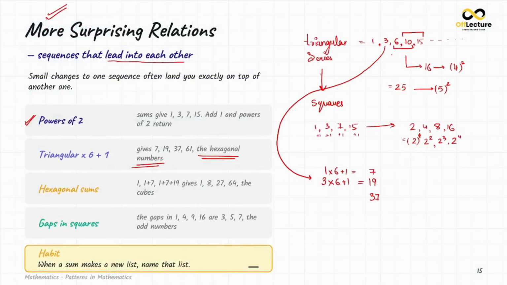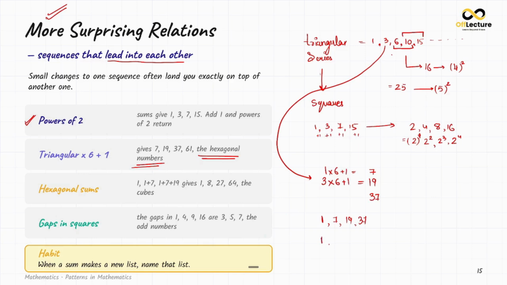Last one. Let's do the last one. Add hexagonal numbers. That is, we had first 1, then 7, then 19, then 37. We will take these hexagonal numbers and add them.